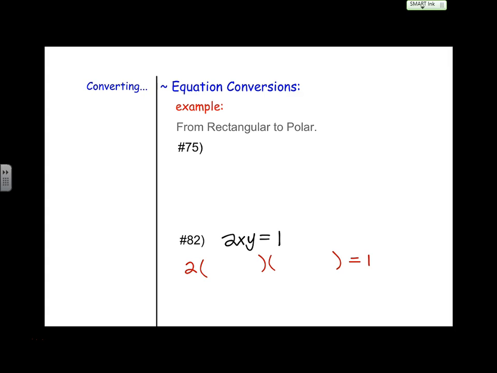What's that formula on that page? x equals r cosine theta, and y equals r sine theta. Now, technically, you're right. If it was a long answer, I suppose you could stop there. It's kind of messy. It might be a little easier to do something like 2r squared cosine theta sine theta equals 1.